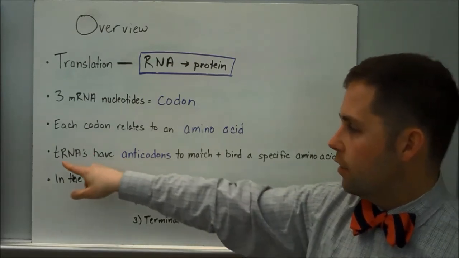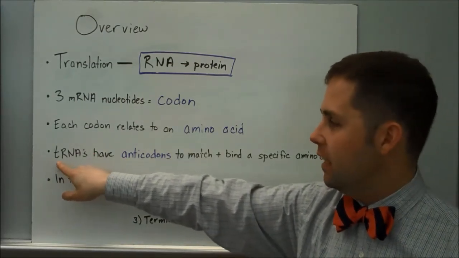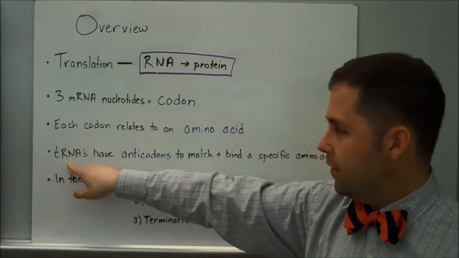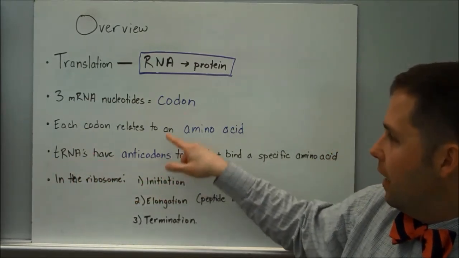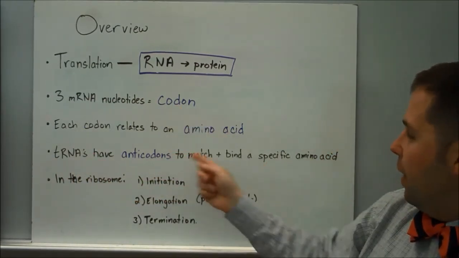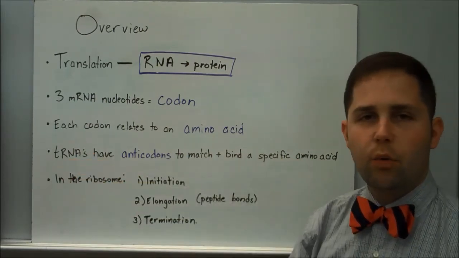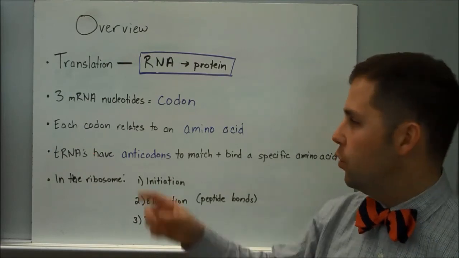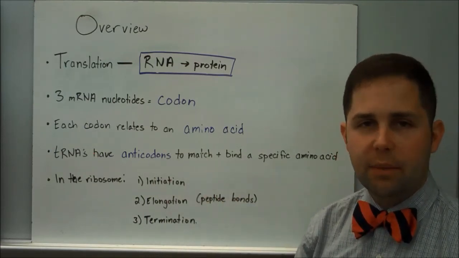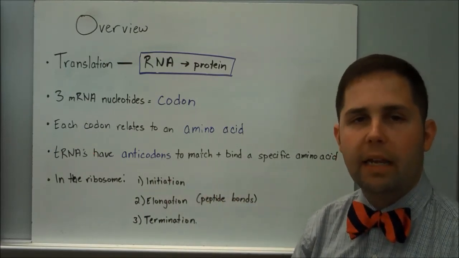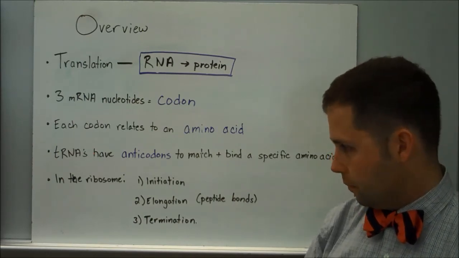The anticodons are found on tRNA, transfer RNAs. And the transfer RNAs have an anticodon that matches a codon, and they bind an amino acid at the opposite end. So the tRNAs are actually what's causing the translation between mRNA and the protein, because they can bind both mRNA and an amino acid.